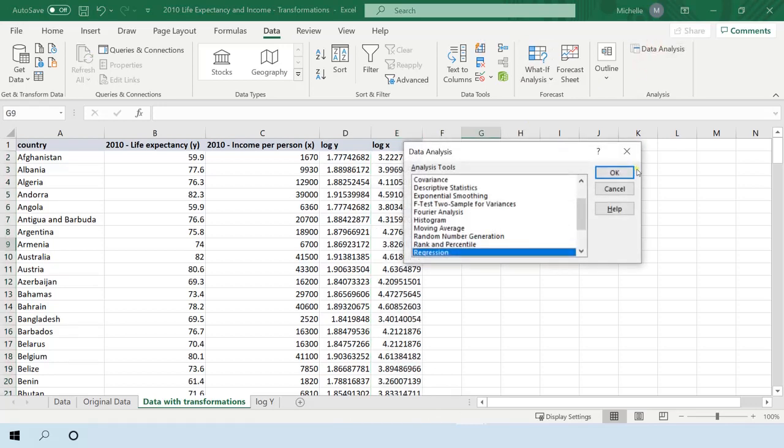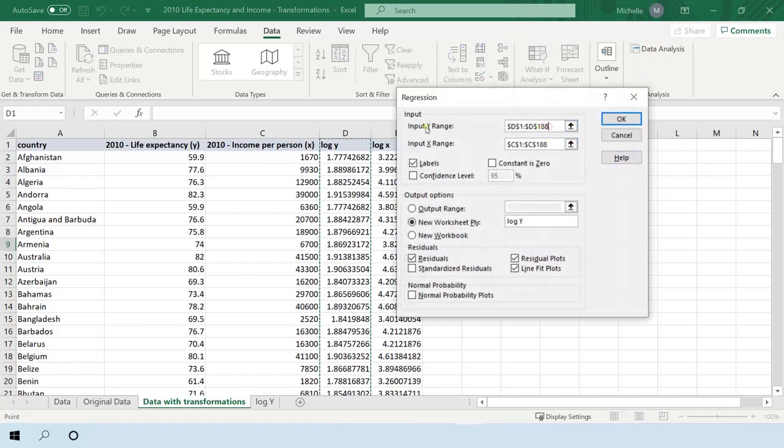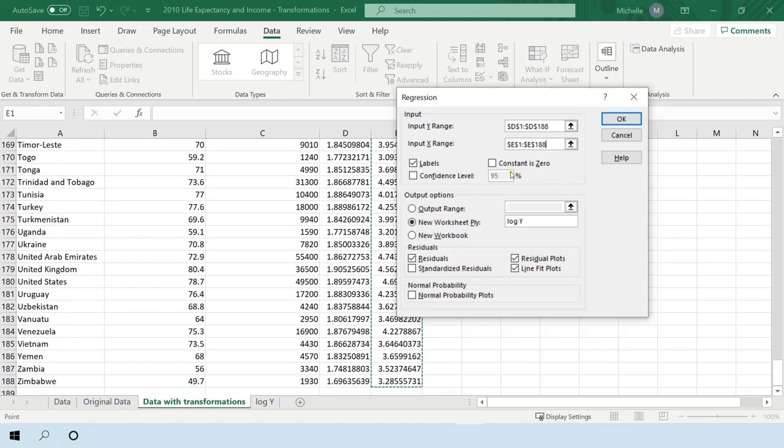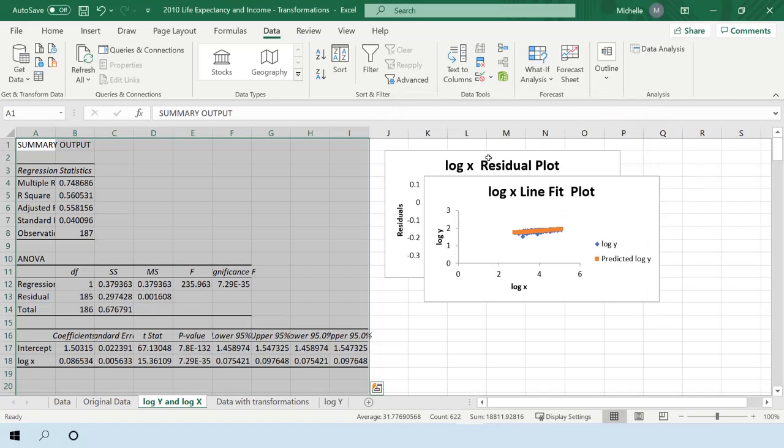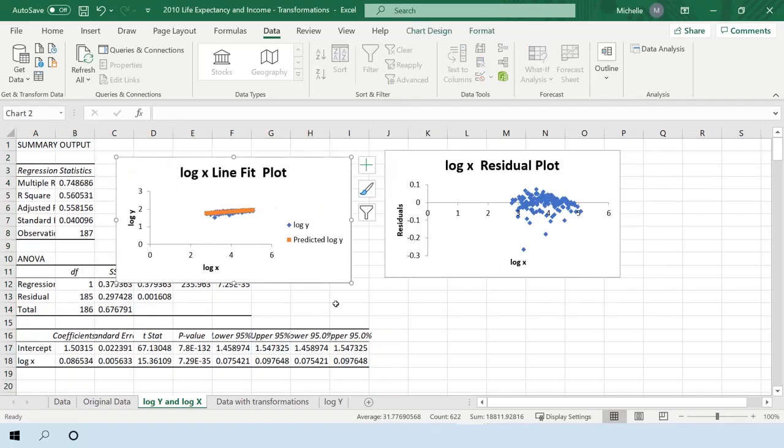Data analysis, regression, okay, y is going to stay the same. X is going to, let's delete that, and let's do our log x. All right, and log y and log x. Okay, press OK. And let's see what we're seeing here.